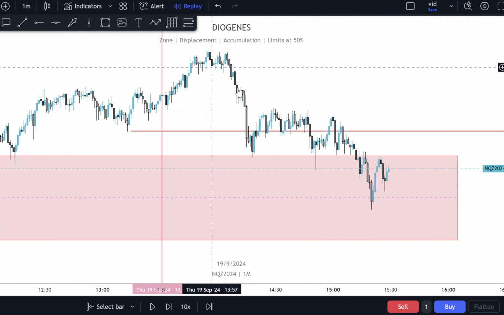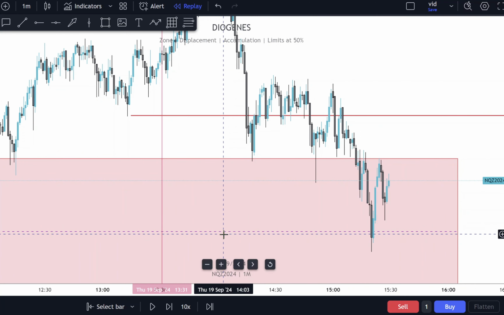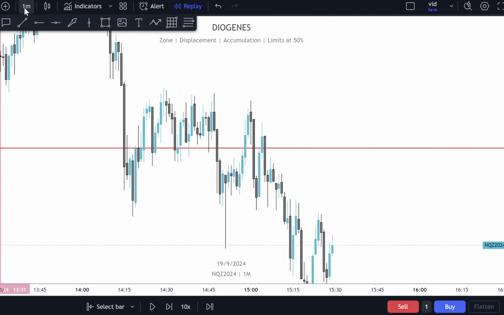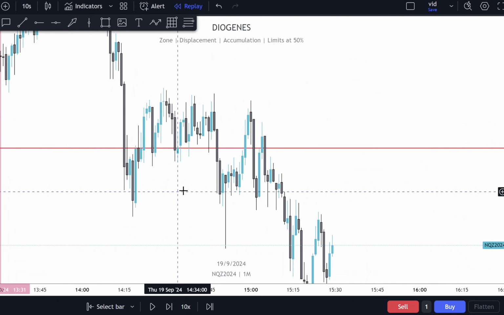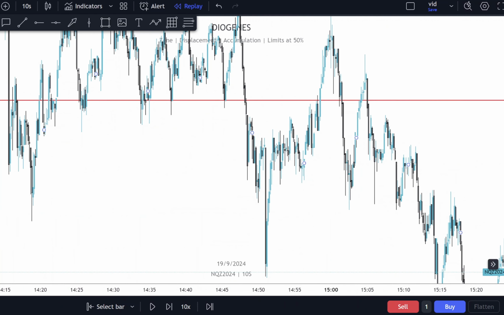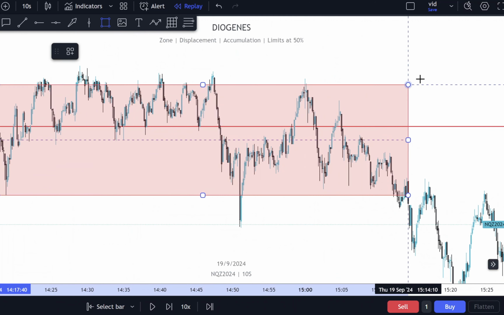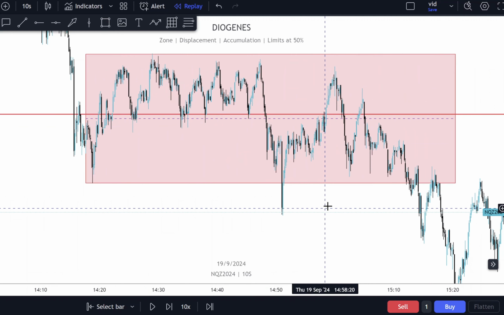But here was the crazy trade I talked to you about in the Discord, okay? So here, 10-second charts. Okay, so price created this bearish zone here. Okay, cool.